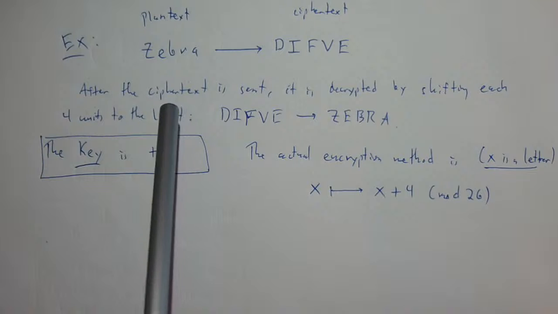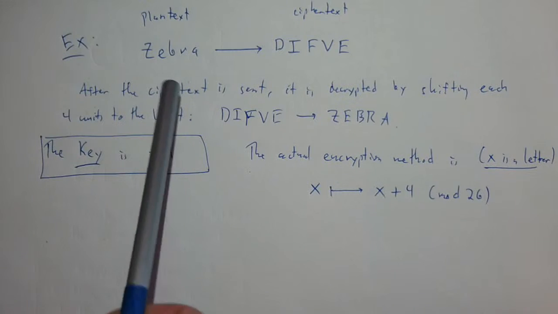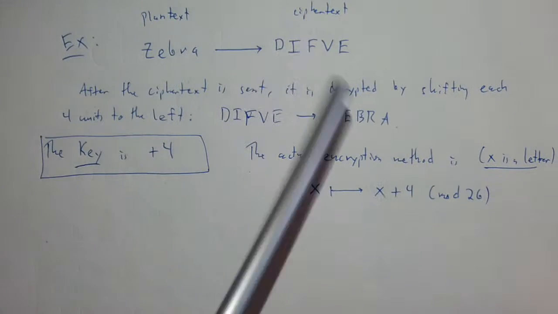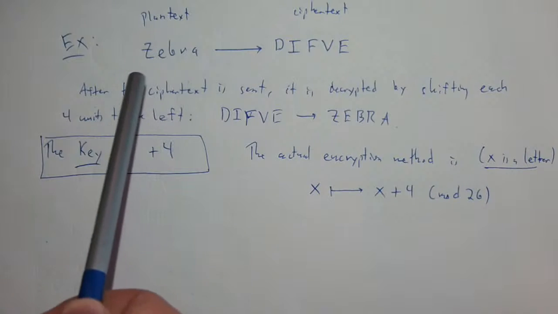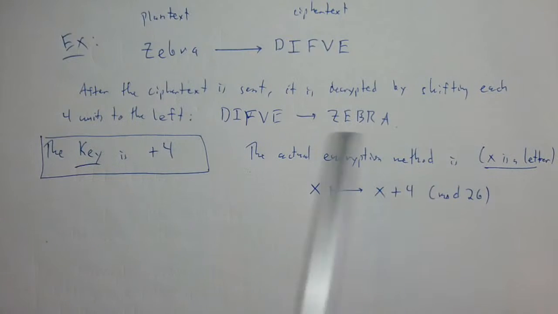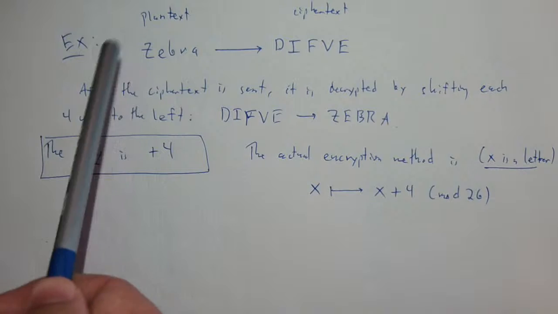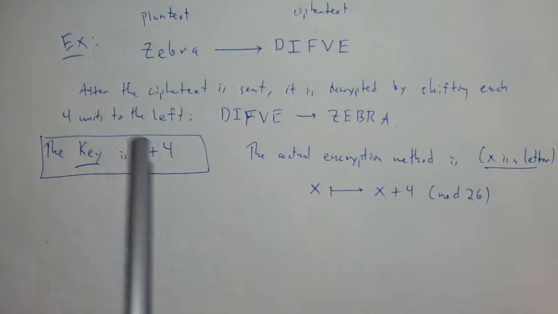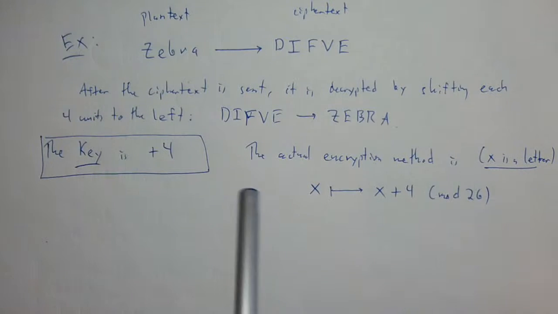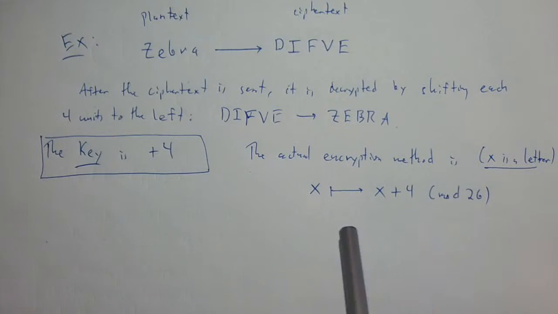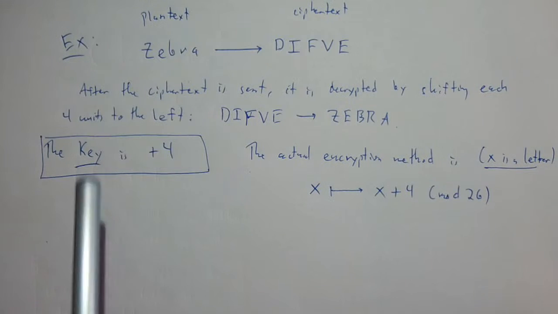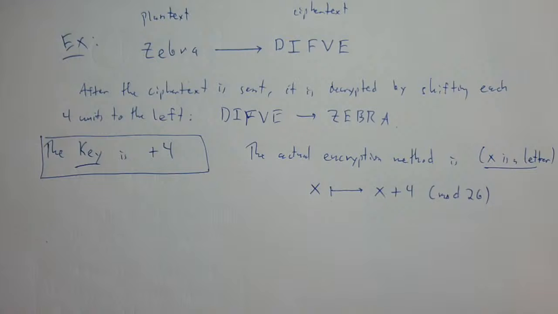I have the key that tells me how the plain text is encrypted to become the ciphertext. So I'm shifting every single letter by 4, which amounts to taking a letter, associating to that letter a numerical value 0 to 25, adding 4 to it, and then looking at the result mod 26. This takes care of this wraparound so that Z gets shifted to some other letter of the alphabet, right?